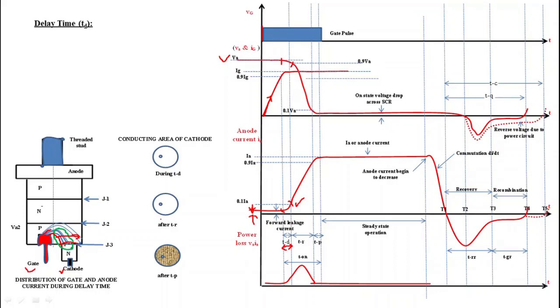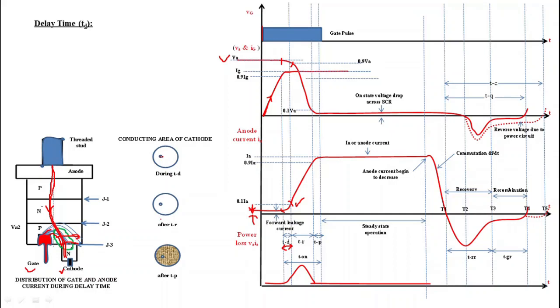Now anode current flows in a narrow region where this gate current density is high. So here we can see that gate current density is high near this gate junction. That's why this anode current will flow over this small area. This circle denotes the conducting area of cathode, and this dot denotes that anode current flows over a very small area.